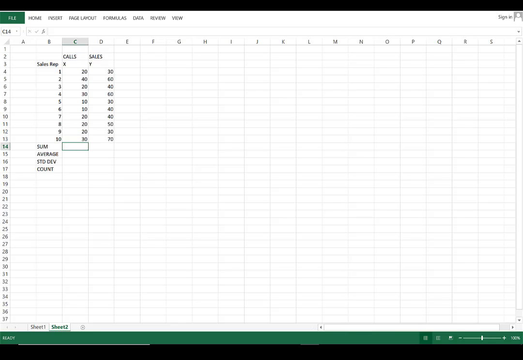So equal to sum, we copy this cell and copy it that way, and it's equal to average, and go this way.